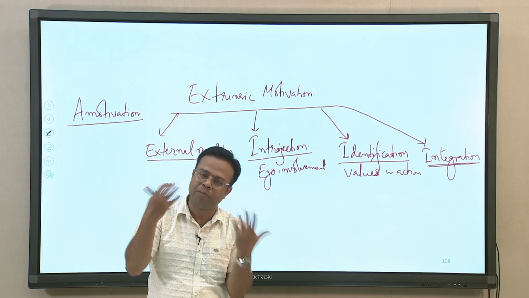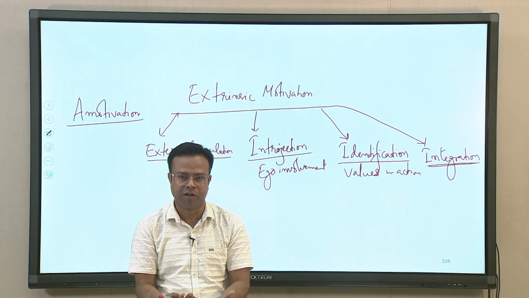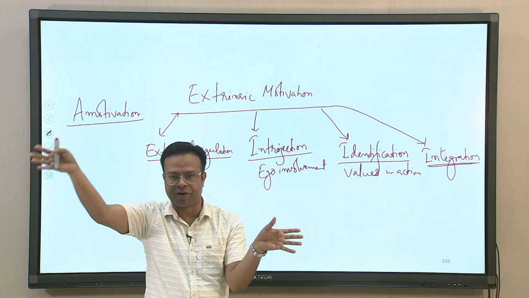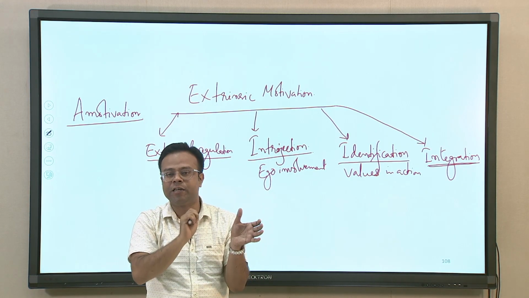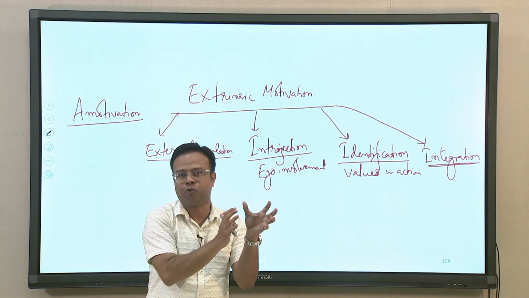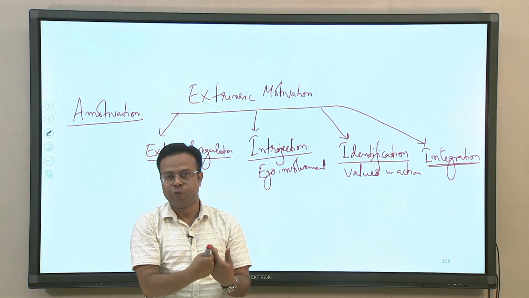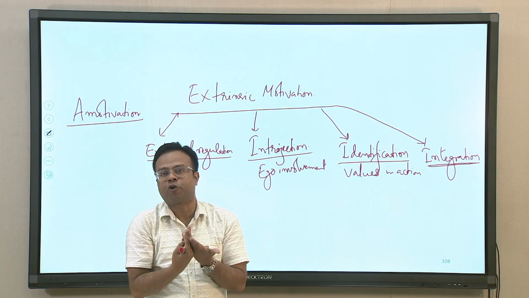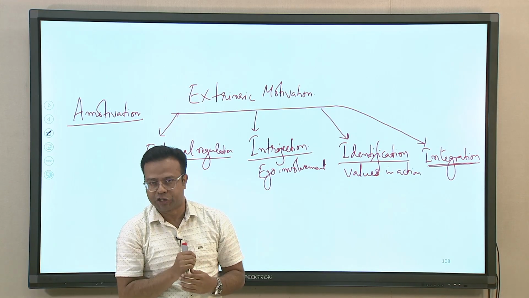Education is so important that it is part of my self concept. Still, out of this education you may be thinking of getting a job or money, whatever it is, but integration is very close to your own sense of self. When you do tasks which are almost part of yourself, then it is called integration.